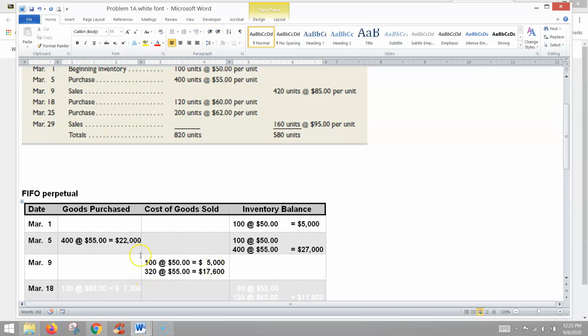So here's our 420 units at the two different costs. Then we determine what's left. We sold all of the 100-unit layer. We had 400 at $55, we sold 320. So left in inventory, we have 80 units at $55.